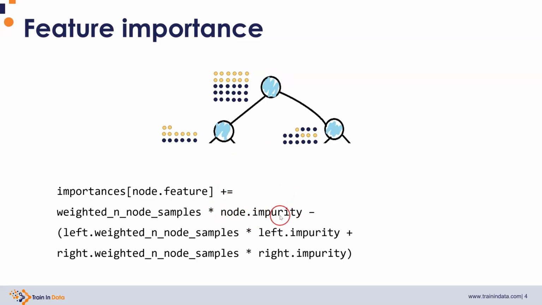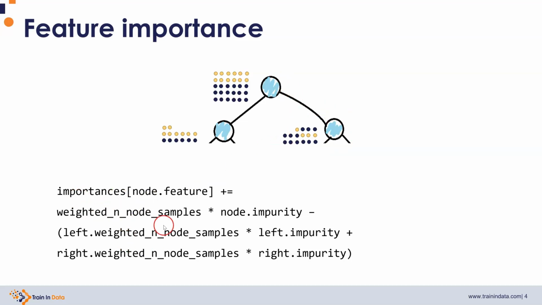Here we have the top node impurity, and we subtract the sum of the left impurity plus the right impurity. And these impurities are going to be weighted by the number of samples at each of these nodes. So this node is going to be 1 because it's the total number of samples, and here it will be the fraction of observations that arrived at this node with respect to the parent node, and here we will have the fraction of observations that arrived at this node based on the parent node.